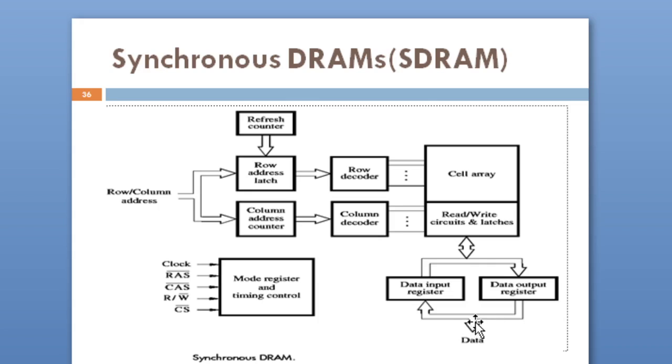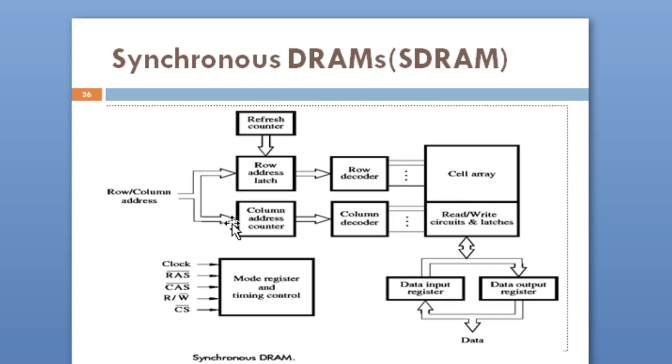But if it is a write operation, the data lines transfer the data into the data input register, and the input register forwards the data to the read or write circuit, which initiates the write operation, and the selected rows' values will be updated based on the data.